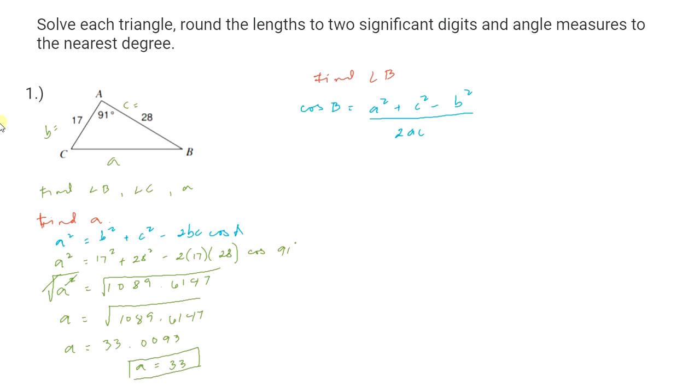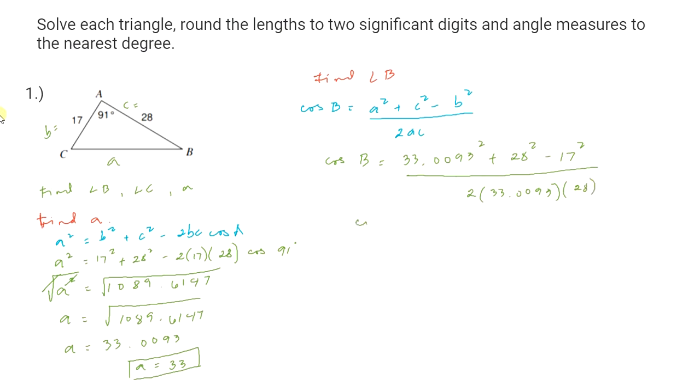So we have cosine of angle B is equal to, our A is 33.0093 squared plus, our C is 28, so we have 28 squared minus 17 squared, because our B is 17, all over 2 times 33.0093 times the value of our C, which is 28.